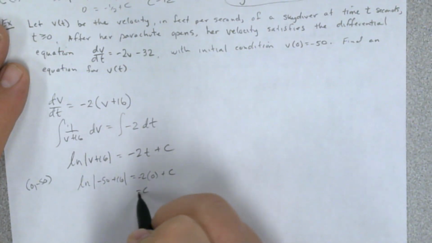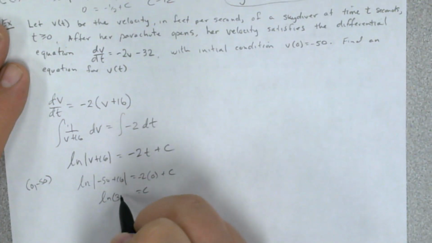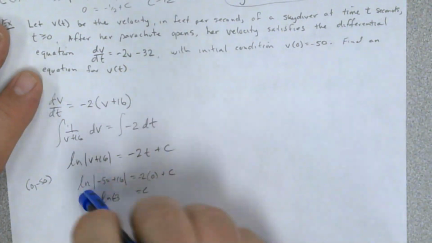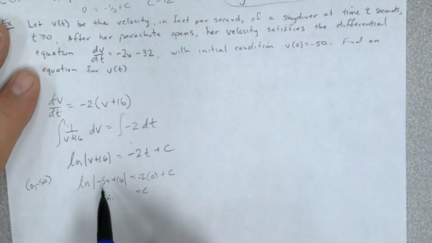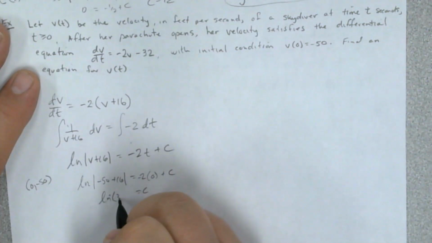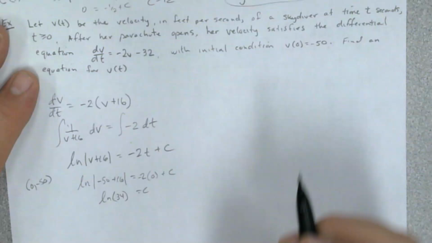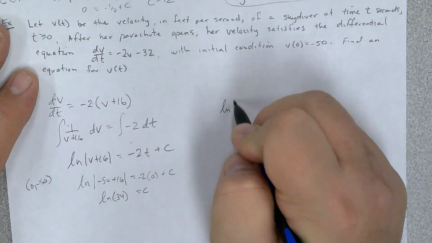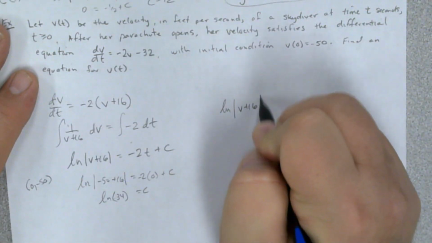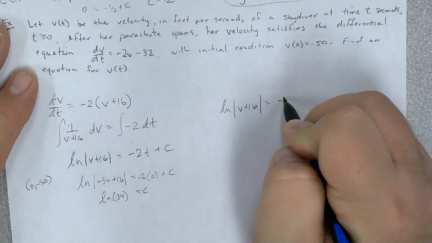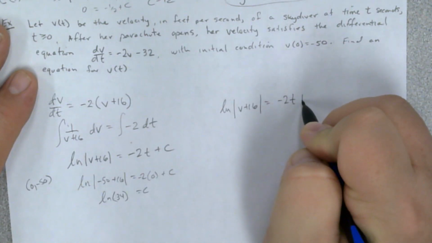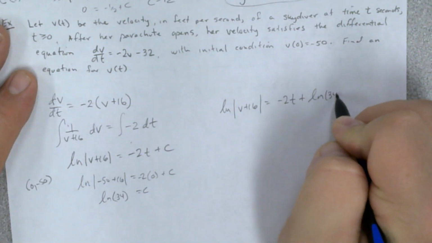So c is going to be the natural log of 34, excuse me. This in here is negative 34, but the absolute values make it positive 34. So the natural log of v plus 16 equals negative 2t plus the natural log of 34.